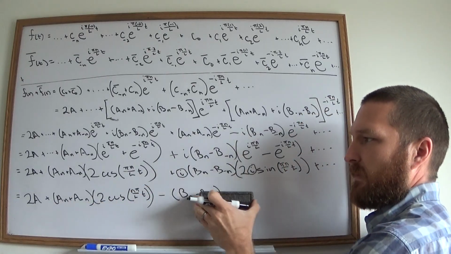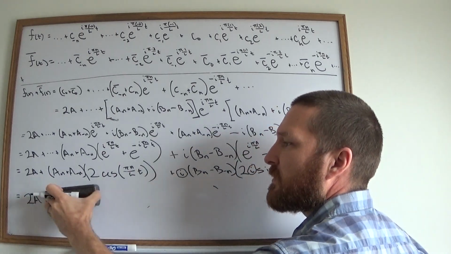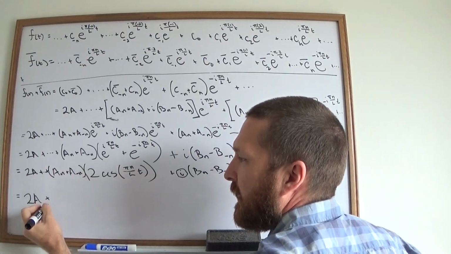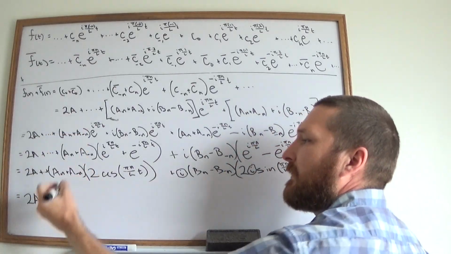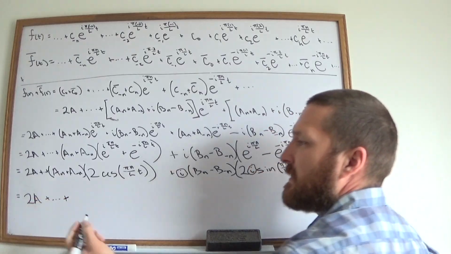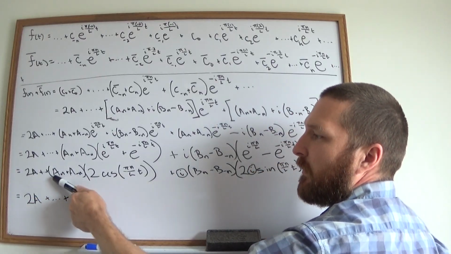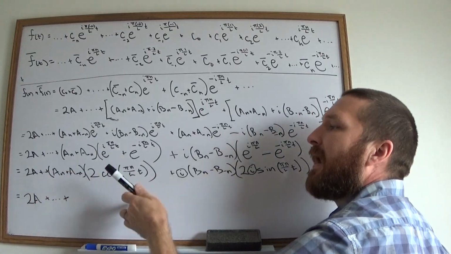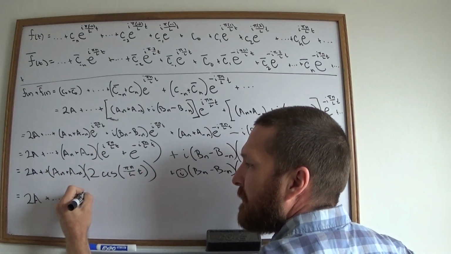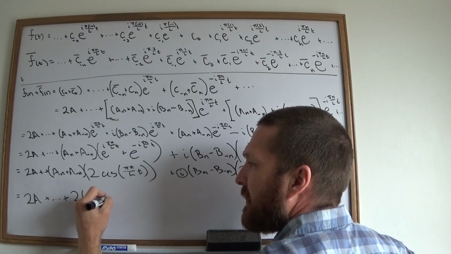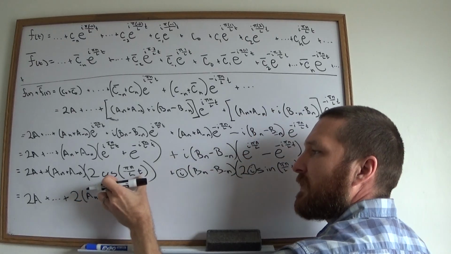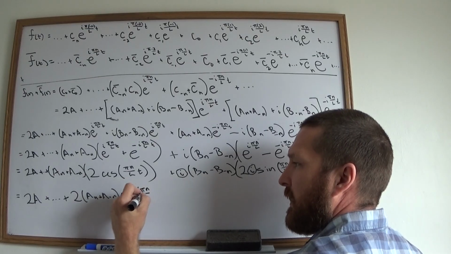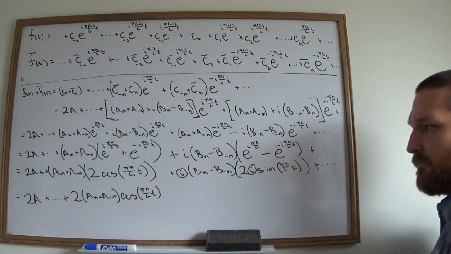Let me rewrite this. I want to reason this through. Oh, and I didn't do my ellipsis. Okay, so 2 a, all the way up until we get to here. So there's some real number, a n plus a negative n, whatever it happens to be. There's a 2. I could rewrite that as 2 times that stuff, a n plus a negative n, times the cosine stuff, cosine pi n over L t, like that.